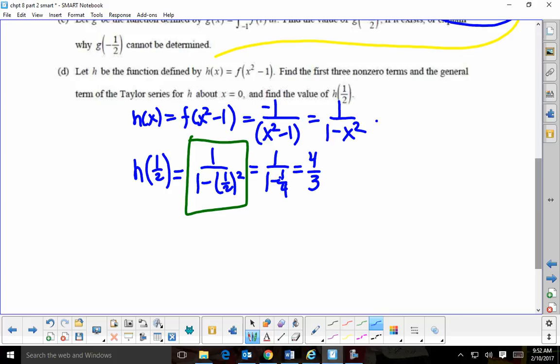So can I write this guy as a series? It makes it pretty easy to write the first few terms. What's my A? 1. What's my R? X squared. So that's going to equal 1.